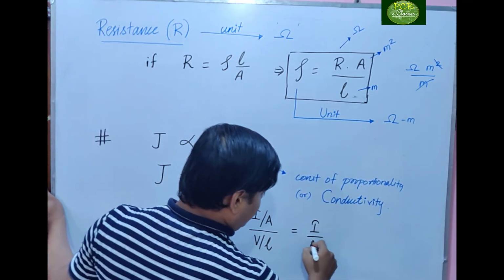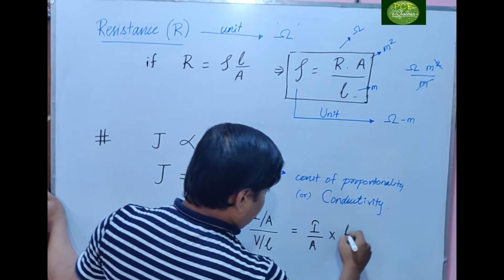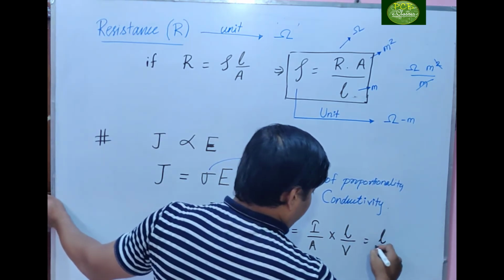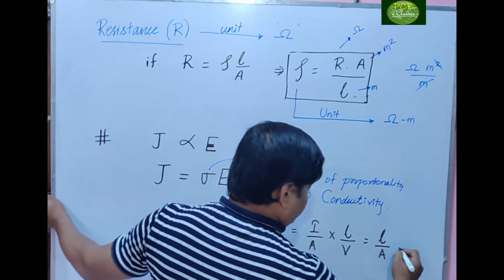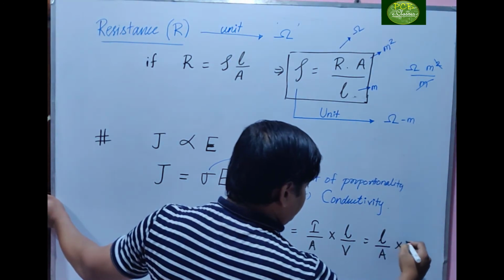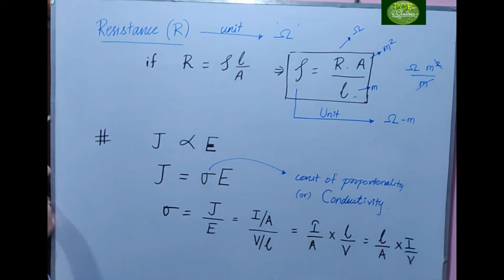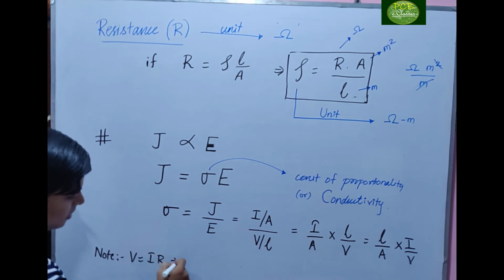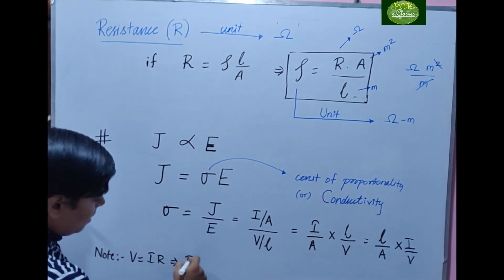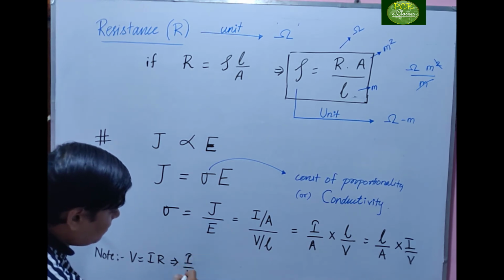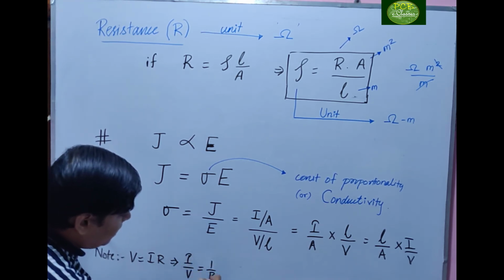I by A multiplied with L by V equals L by A multiplied with I by V. Note, V equals IR. This implies I by V will be equal to 1 by R.